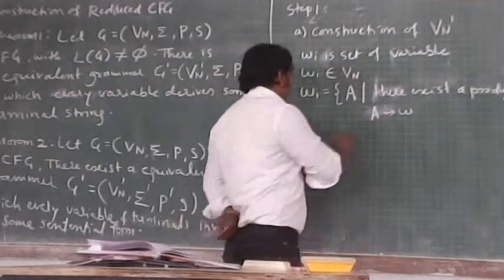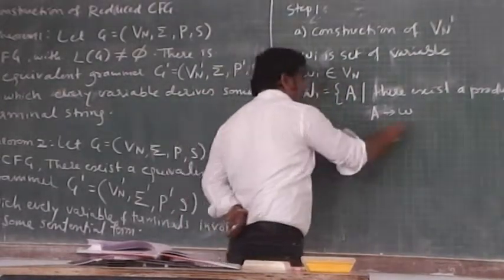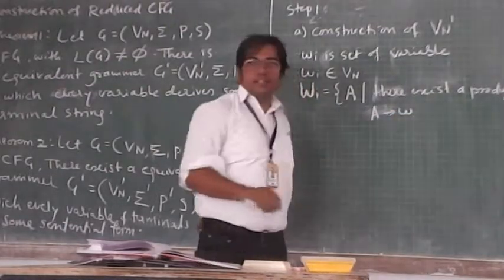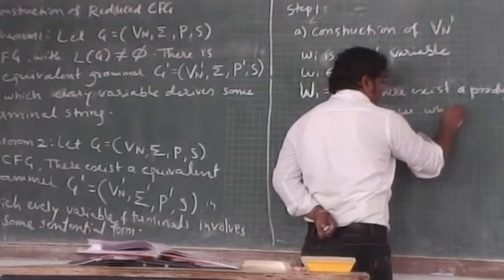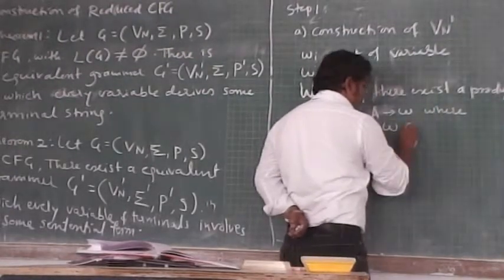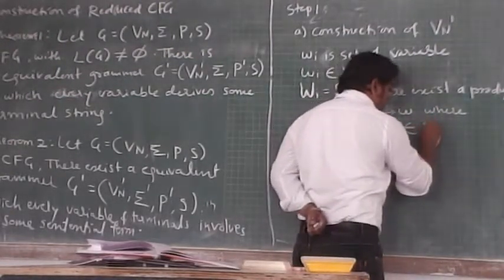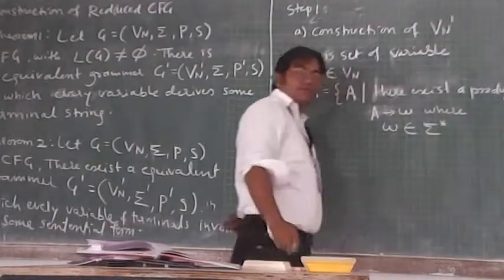It is a small w, this one is a capital W, a small w indicating a terminal string, where w belongs to sigma star.